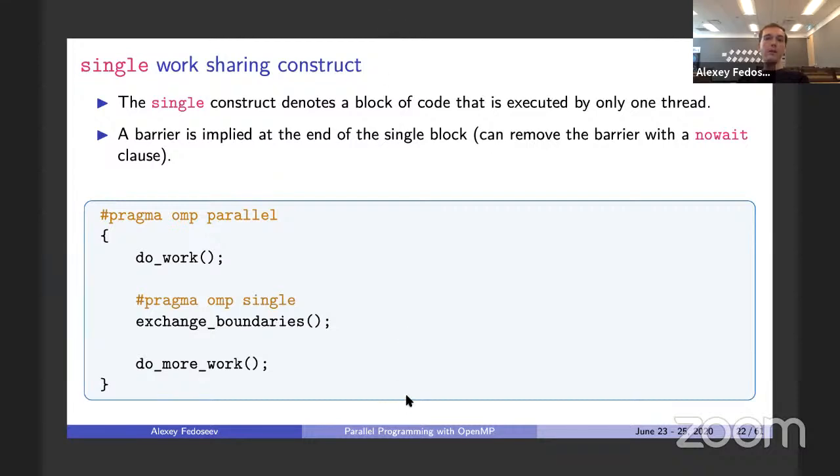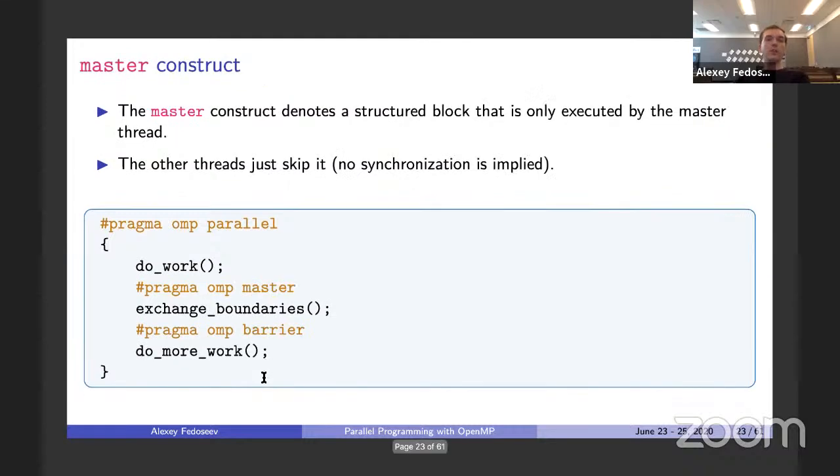Another work sharing construct is very similar to the single construct, but it only allows the master thread, the thread with ID 0, to perform the workload. So here I do work in parallel. Then I have pragma OMP master, which singles out the master thread.